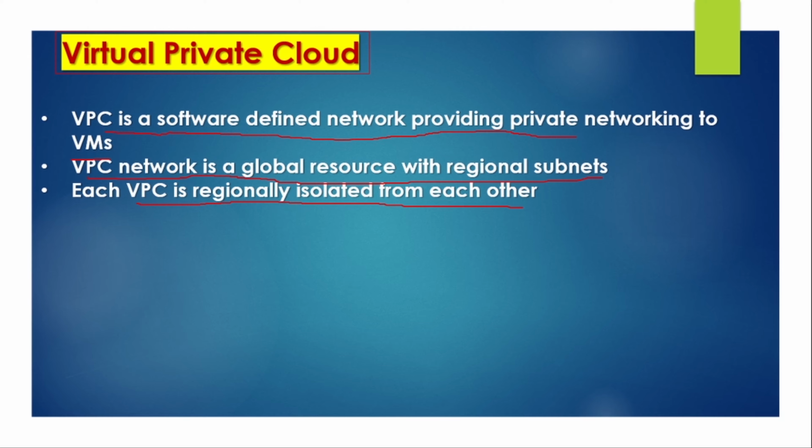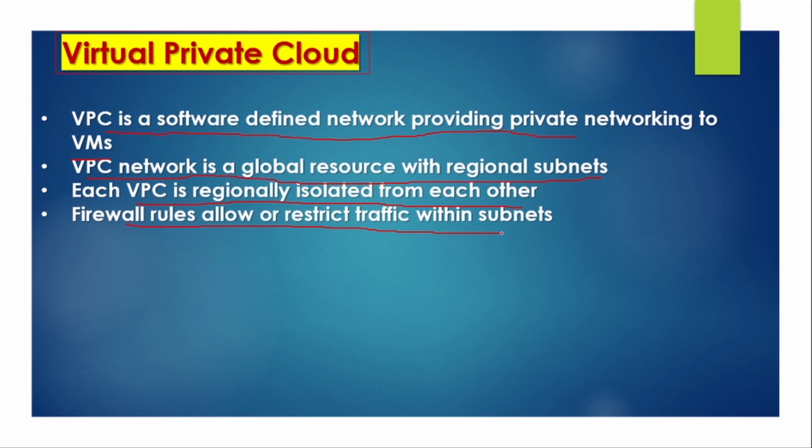Okay, so if you are creating multiple VPCs, you need to explicitly allow communication between these VPCs using firewall rules. The firewall rules allow or restrict traffic within the subnets. So it is quite common for customers to create a public subnet and multiple private subnets and keep sensitive resources within the private subnets. And the private subnets are never exposed to the outside world.